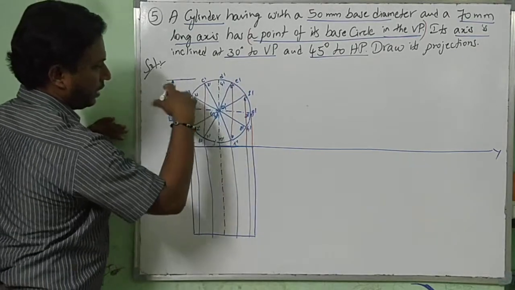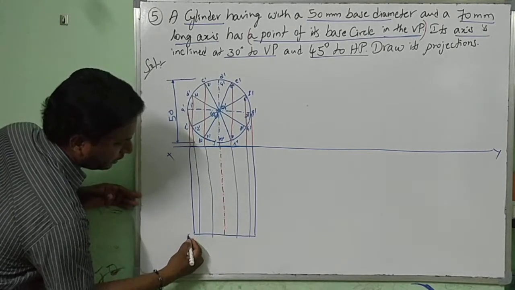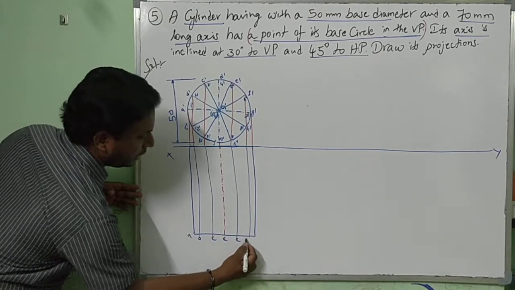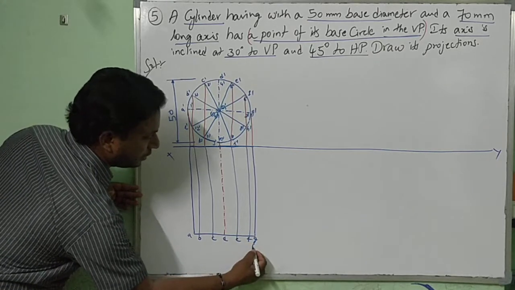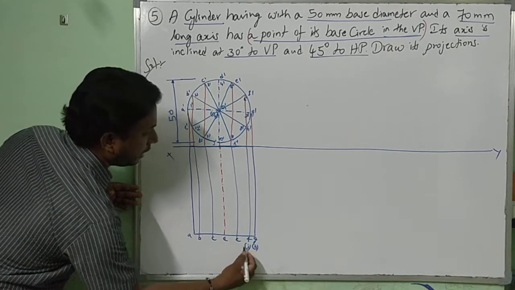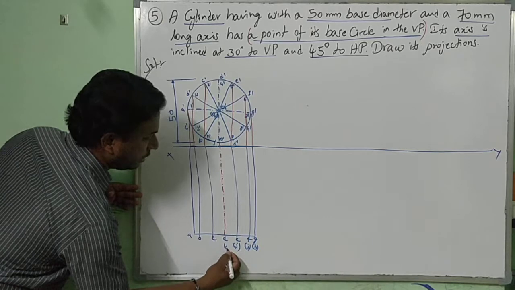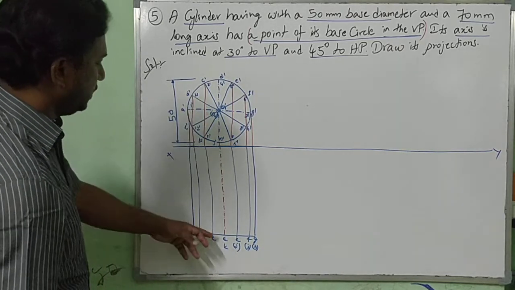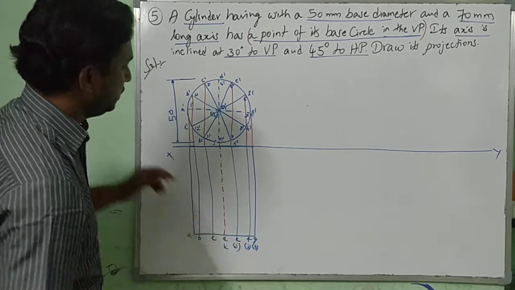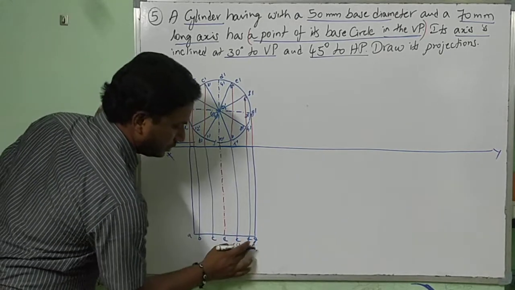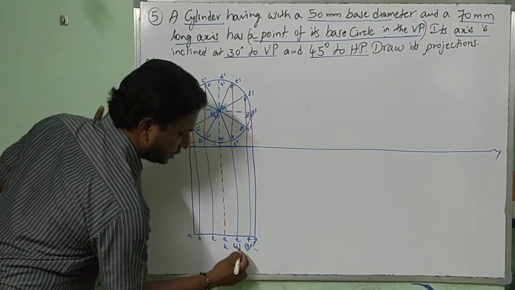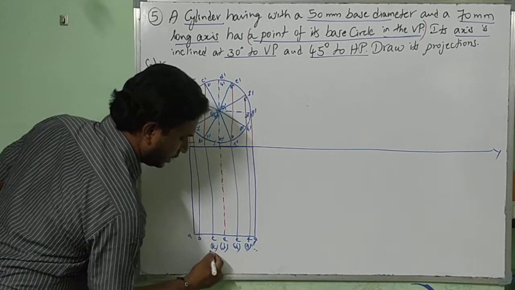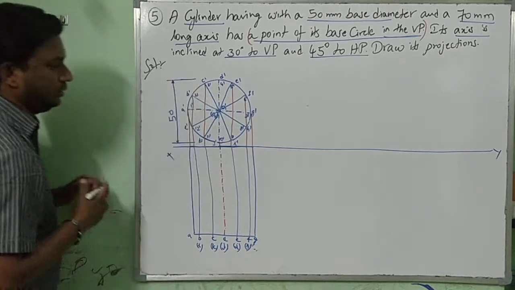Outside, inside, right? Outside here it comes: A, B, C, D, E, F, G, H, I, J, sorry, somewhere I missed. B, C, D, E, F, G, H, I, J, K, L. Top view.